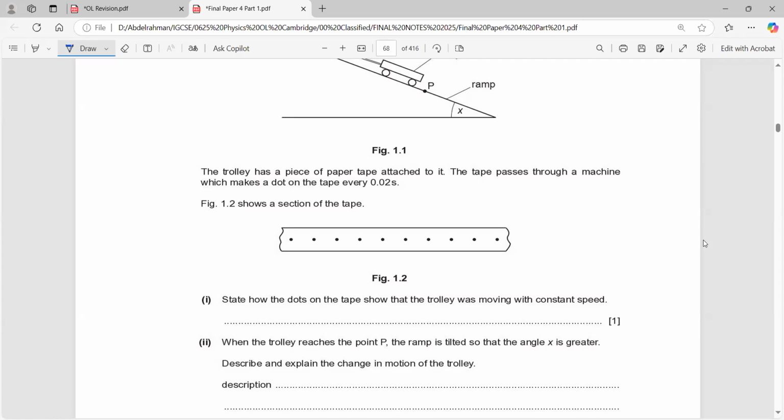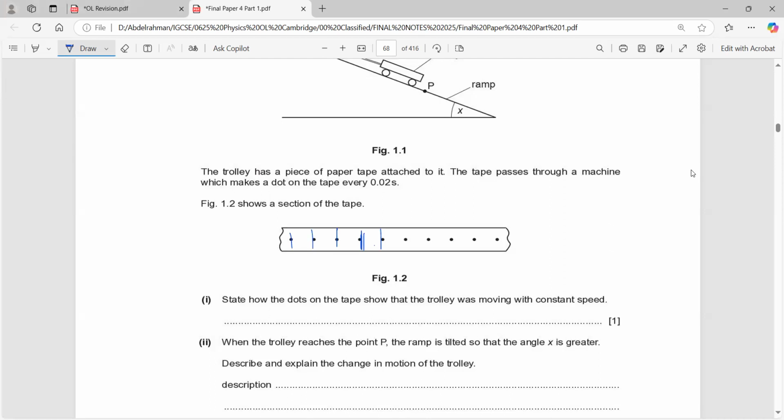State how the dots on the tape show that the trolley was moving with a constant speed. Yani as it was moving, it kept on adding dots. How do you know that the speed is constant from these dots? Okay, same. Bravo عليكم. Yes, it is the same because the distances between the dots are the same.